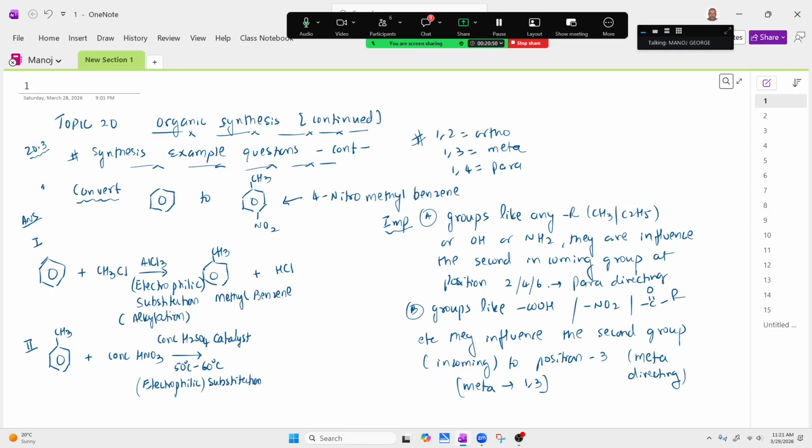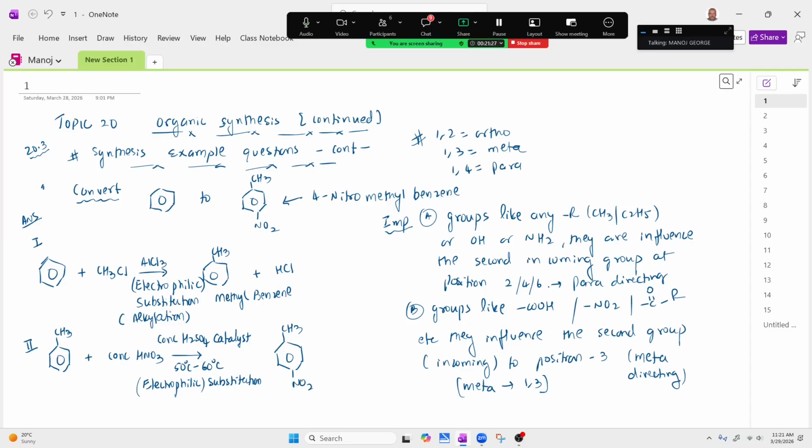And then we do all that. Just now I taught you that the methyl group is an ortho-para directing group. Ortho-para directing means methyl is going to force the second group coming in either to position 2, position 4 or position 6. It's a very useful thing to know. So now you know that's the reason why nitro is going at position 4. Extra detail you don't need to know, but it's all because ortho-para directing groups increase the electron density at these positions.